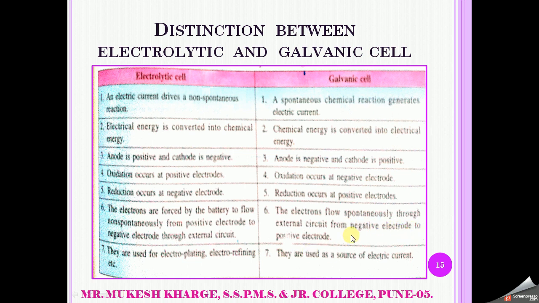Remember that the flow of electrons is always from anode to cathode, but the charges on the anode and cathode are different in these two cells. So we don't mention anode and cathode, we mention positive and negative electrode. Then what is the use of an electrolytic cell? It is electroplating and electrorefining, and the use of a galvanic cell is as a source of current.